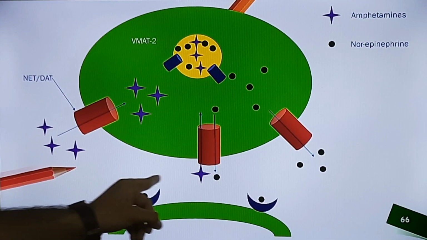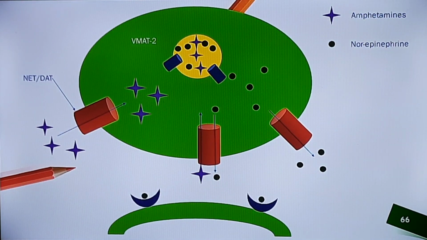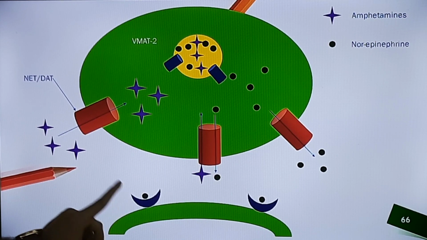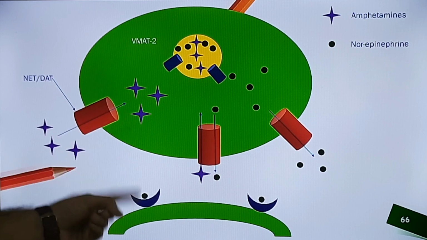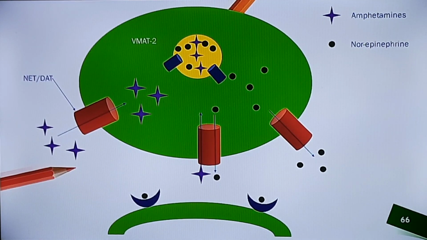This is our synaptic cleft, or simply our synapse, and here are your adrenergic receptors where this norepinephrine, after the release, will show its action.